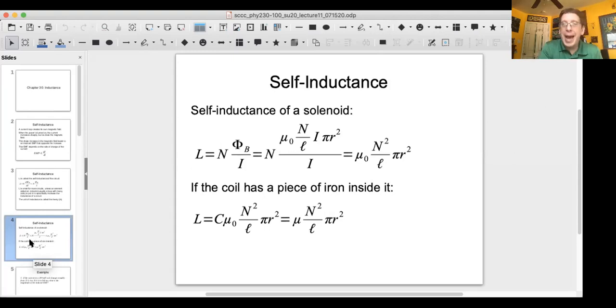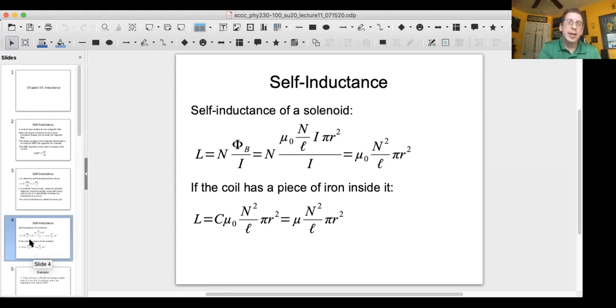Now, you can magnify the self-inductance of a coil of wire by placing a piece of iron or something else that exhibits what are called ferromagnetic properties inside the solenoid.